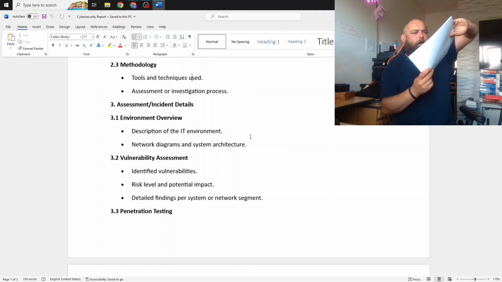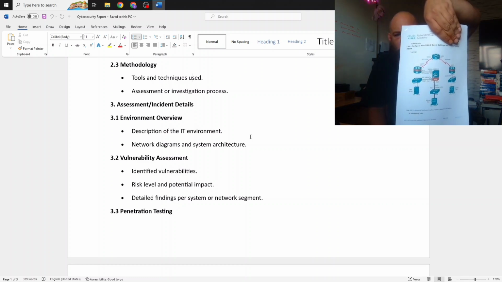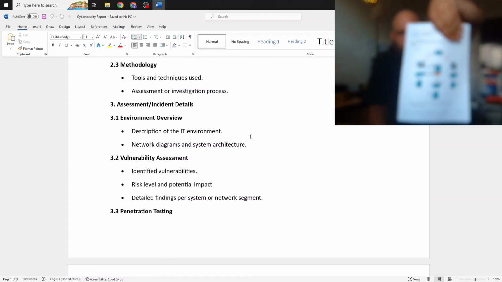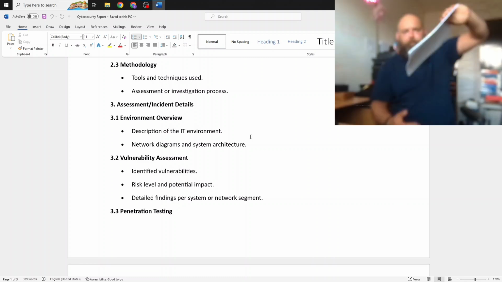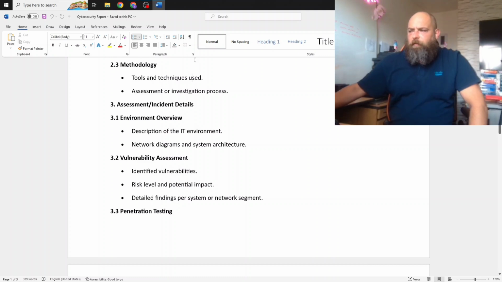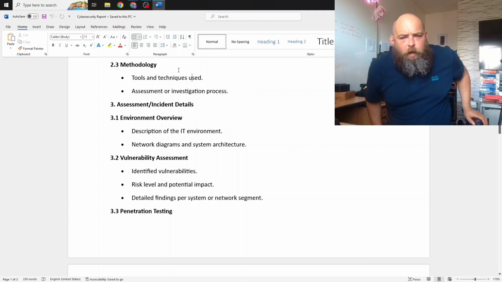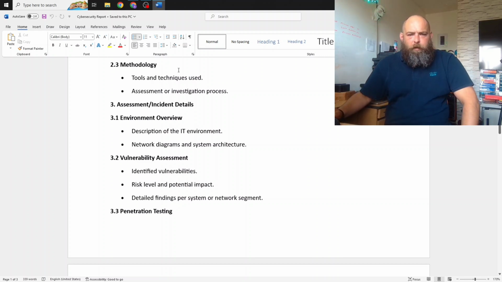There's some details that I've had to omit from that for obvious reasons because of data protection. But that would be an example of that. So you would have your network diagrams, your system architecture, IP addresses, so on and so forth.